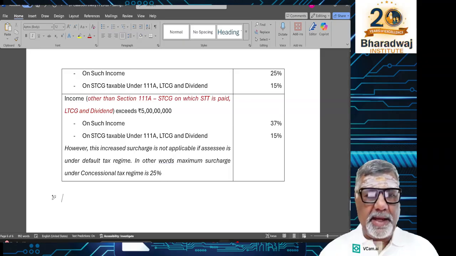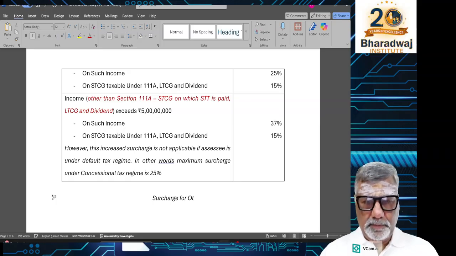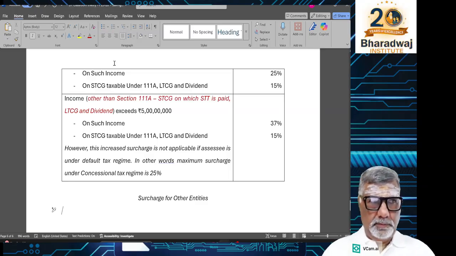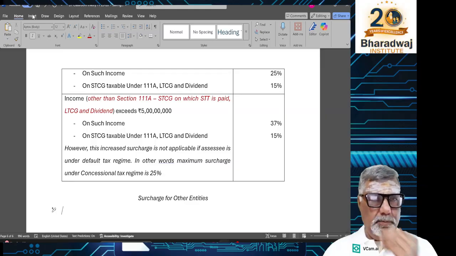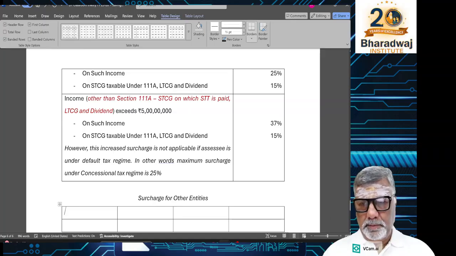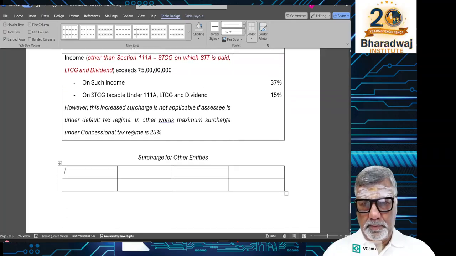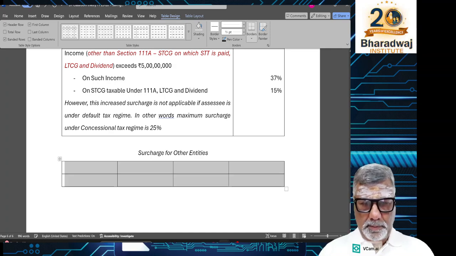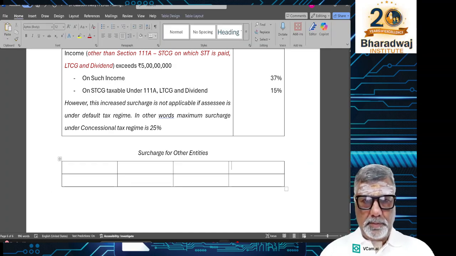Surcharge for other entities. Nature of entity.